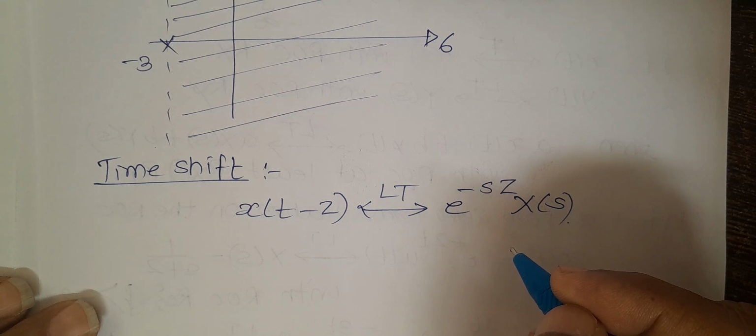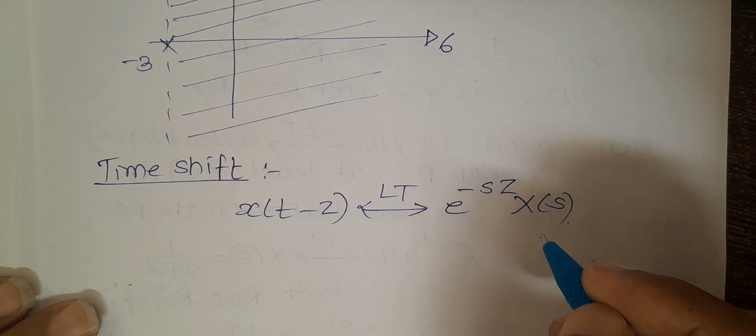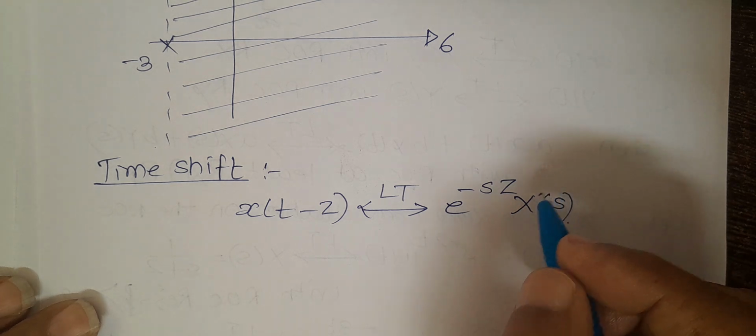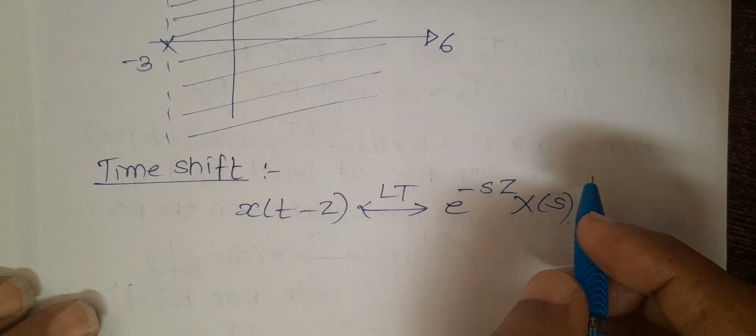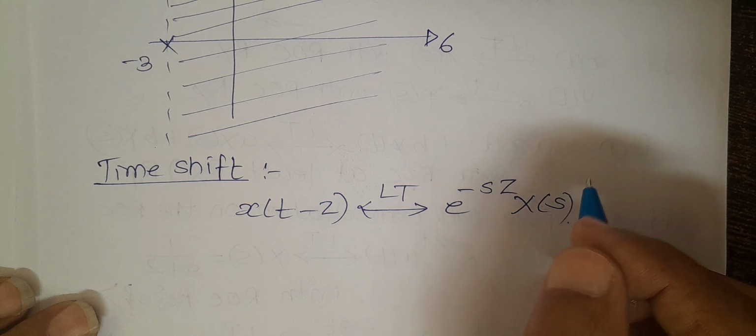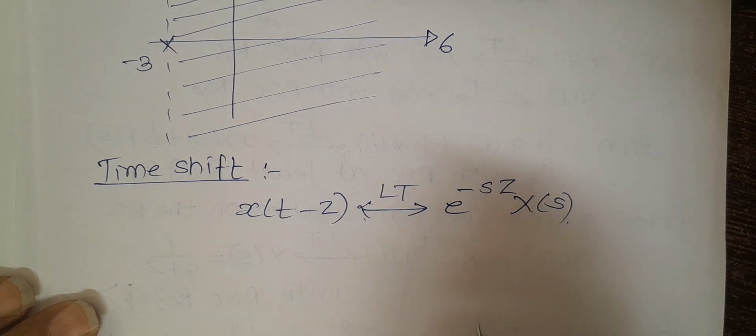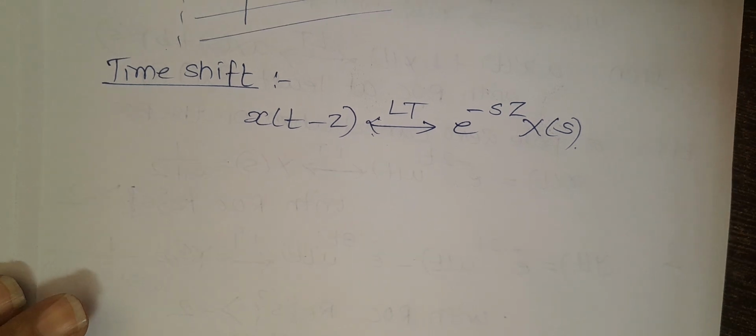Okay, so this is the change in the time shift, and the ROC is unchanged by the time shift. ROC does not change by the time shift. Next is the differentiation in the time domain.